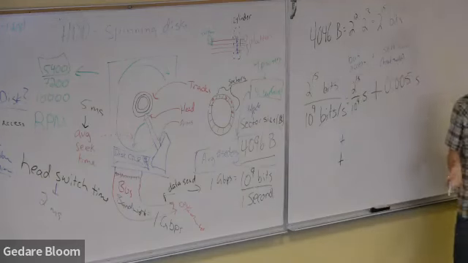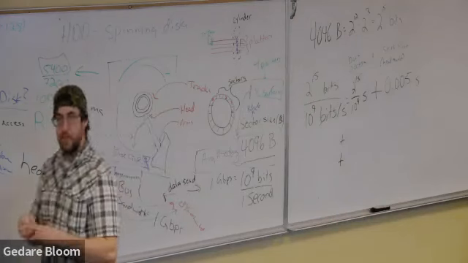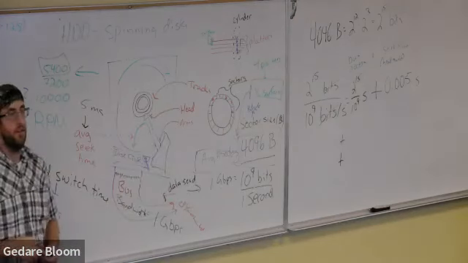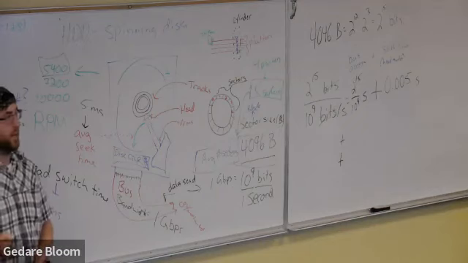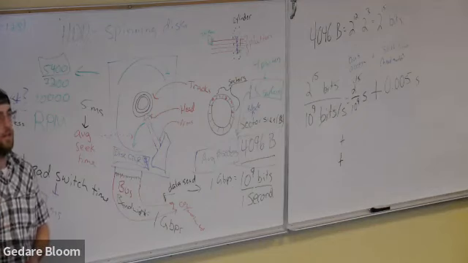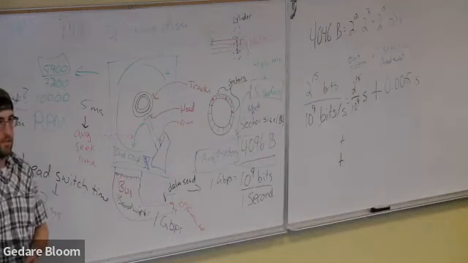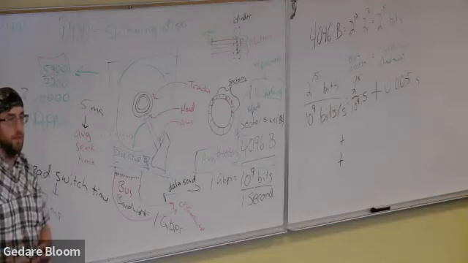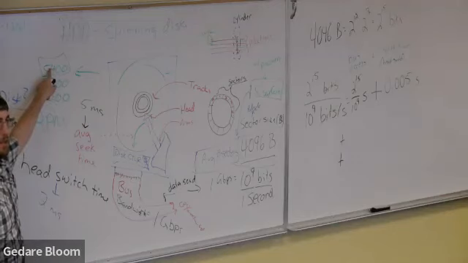Okay, I probably could do it, but if we've got something that's spinning at 5,400 revolutions per minute, I want to calculate one revolution, and I want it in seconds. So the time it takes for one revolution is just the inverse of this, right? So it's 60 divided by 5,400 to get the number of seconds per revolution.